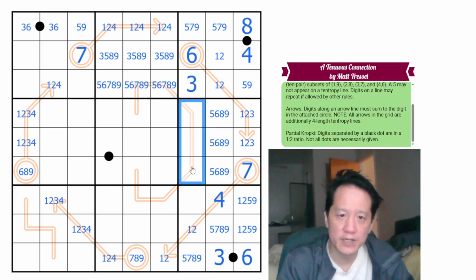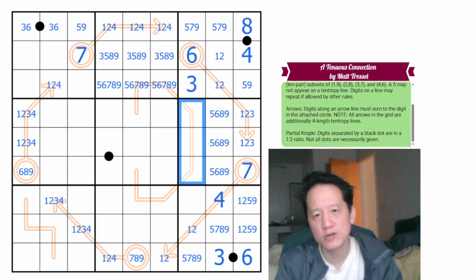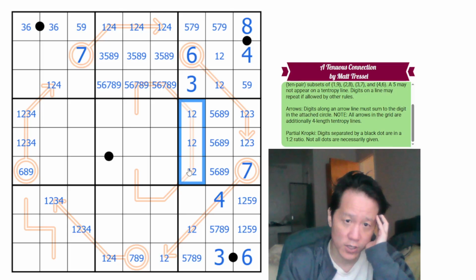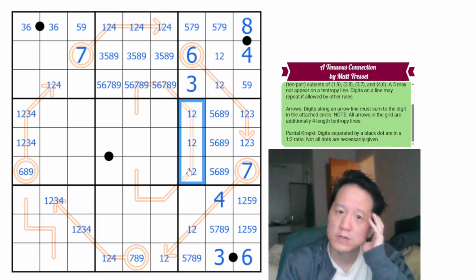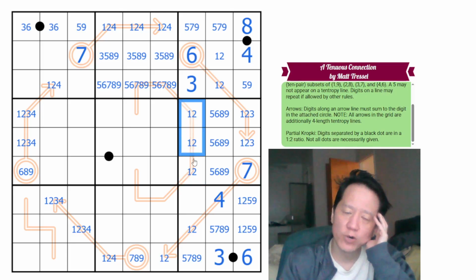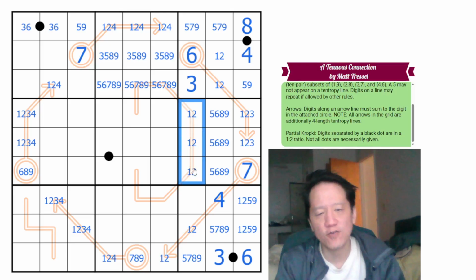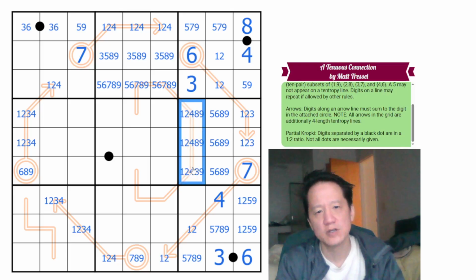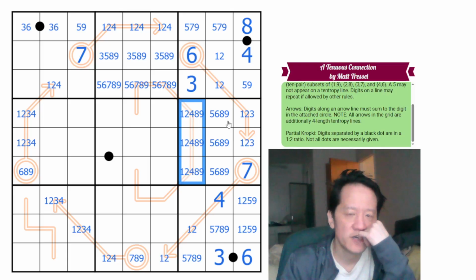Okay, what are the remaining digits here? We have 1 out of 1 or 2. There are no 3s or 7s here. Okay, that's very important. 1 out of 1 or 2 is here. We have a 4. And we have 8 or 9 is the other possibility, right? 5 cannot be here.